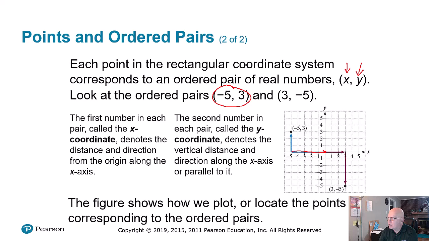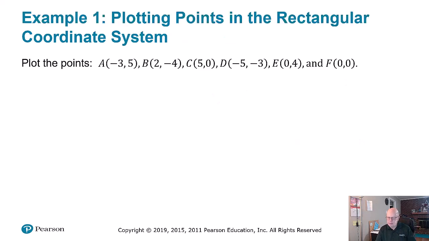The y-coordinate tells you where to go on the y-axis, vertically. There's your point, (-5, 3). For (3, -5), you go +3 and then -5, and that puts you down here. That's how we locate points.